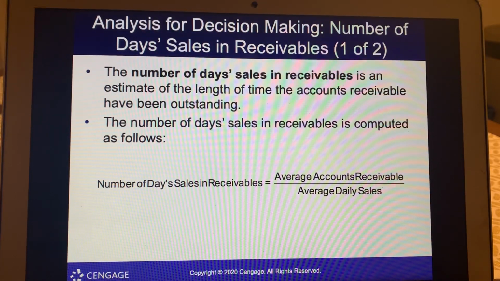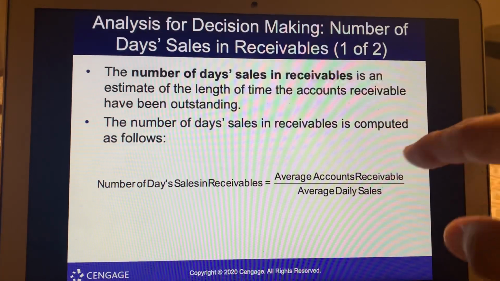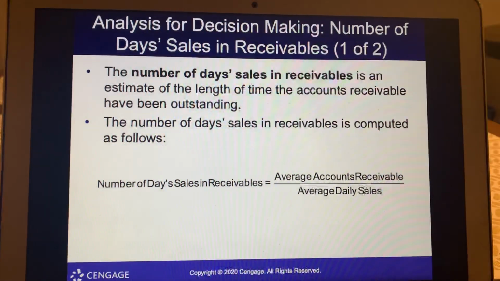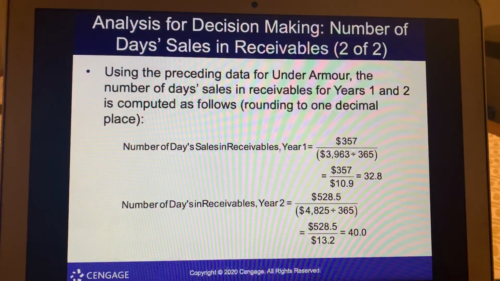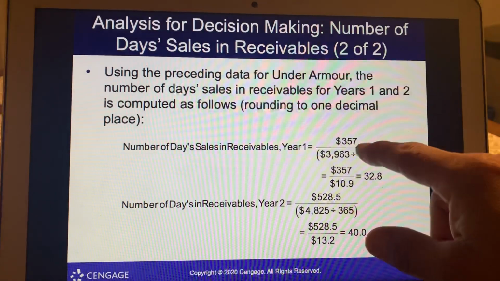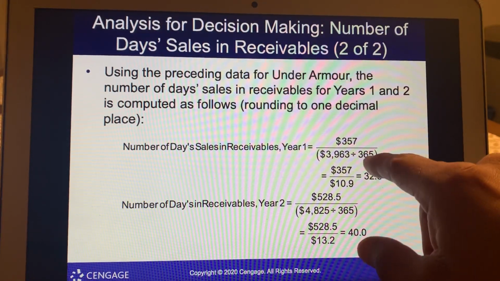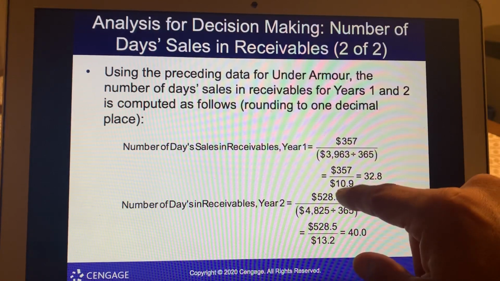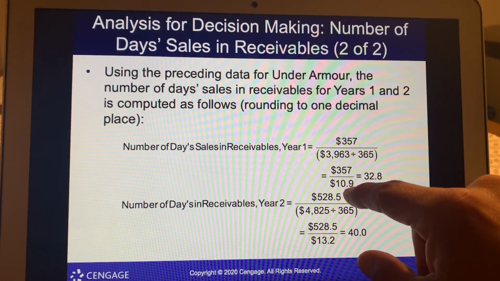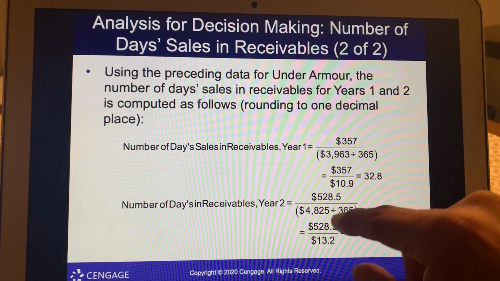Next is number of days' sales in receivable, an estimate of the length of time the account receivable has been outstanding. The number of days' sales in receivable is computed as follows: average account receivable divided by average daily sales. So same thing, 357 divided by 3,936 divided by 365. So 357 divided by $10.90, so 32.8.